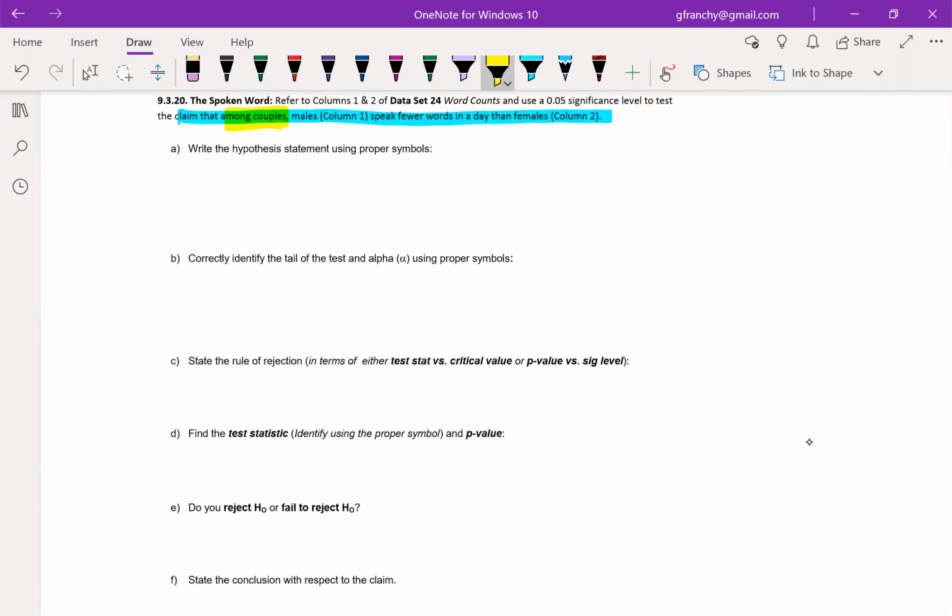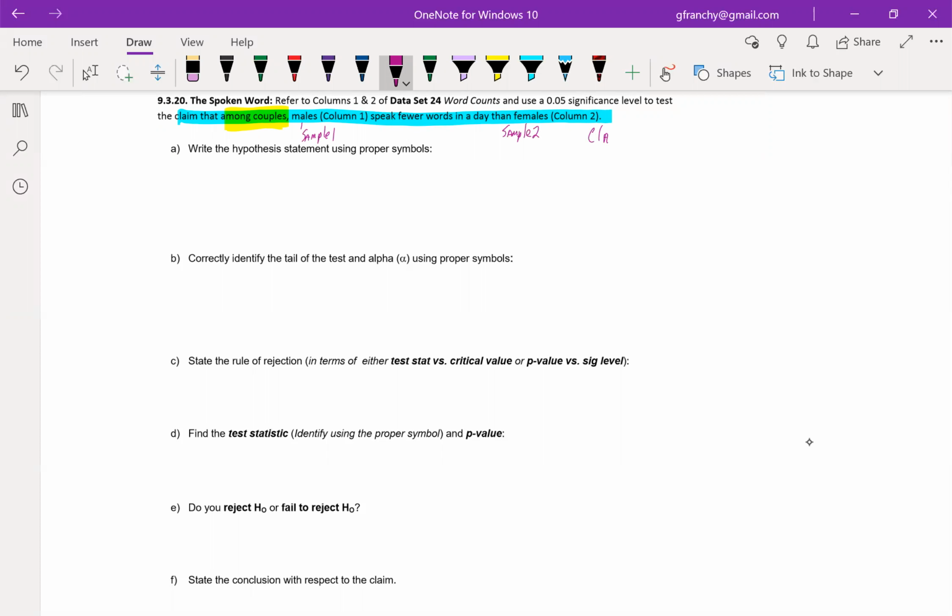So this is a case of paired data. Since they talk about males first, that's going to represent our first sample. Females then is going to represent our second sample.